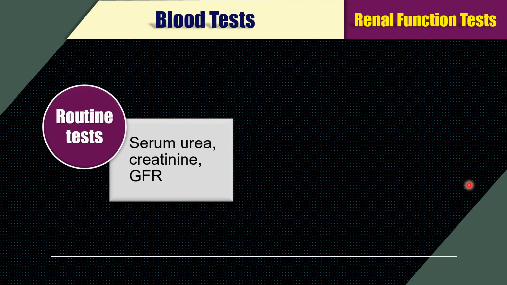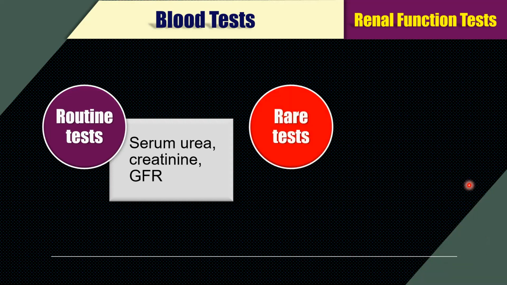We will discuss all these tests under blood test in a separate video. So urea, creatinine and GFR are the routine tests to diagnose various renal disorders. Even though I have written blood test here, for GFR estimation we also require collection of the urine to note down the volume and other parameters, which we are going to study in the separate video.